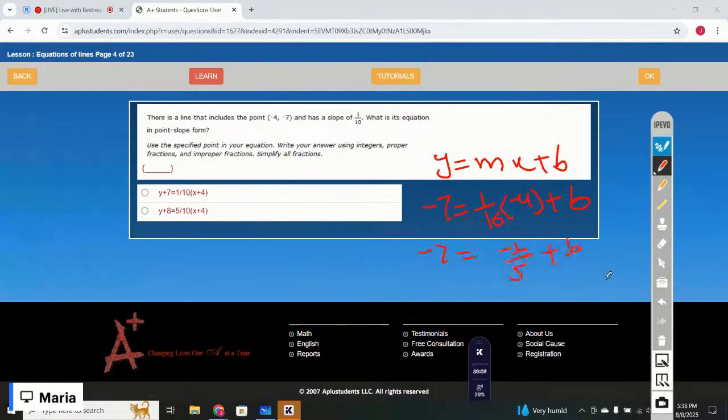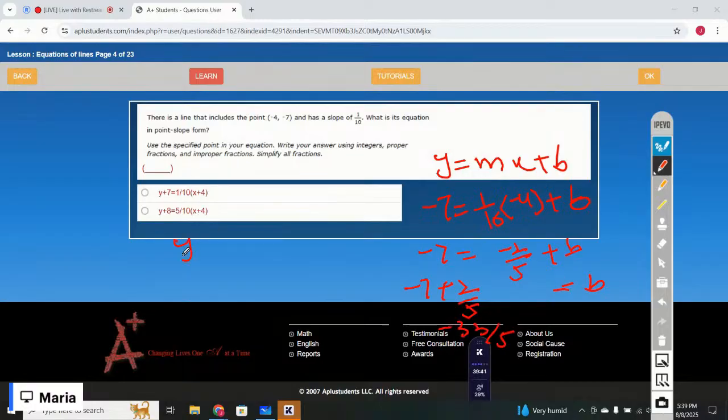Negative 2 over 5 plus b. Negative 35 plus 2, that is negative 33 over 5.